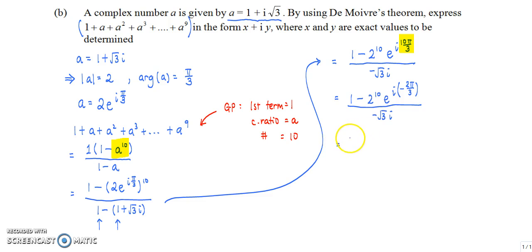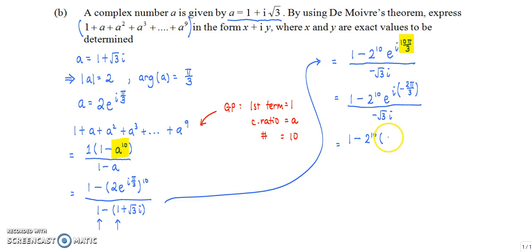At this juncture, since the question wants us to express the answer in the form x plus iy, which is Cartesian, we have to work on this exponential term and convert it first to polar or trigo form.